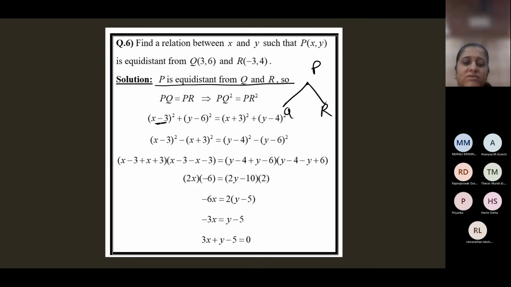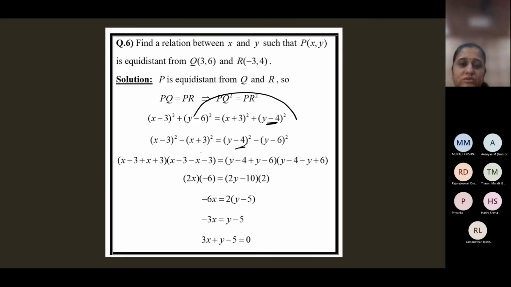And again, there's x here and there's x here. So I've transposed this one. So this comes, x plus 3 the whole square, to the left hand side as minus x plus 3 the whole square. And here, on the right hand side, we have y minus 4 the whole square. I've transposed this one so that you can work it as a difference of 2 squares.